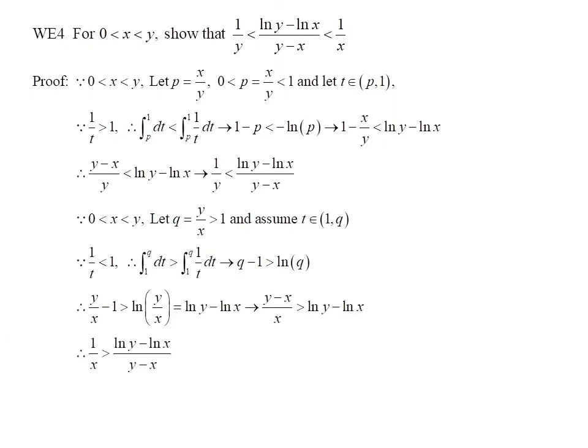After being further simplified, we have the inequality 1 over x is greater than ln of y minus ln of x, all over y minus x. Hence, in summary, we have proved the inequalities 1 over y is less than ln of y minus ln of x, all over y minus x, which is less than 1 over x.